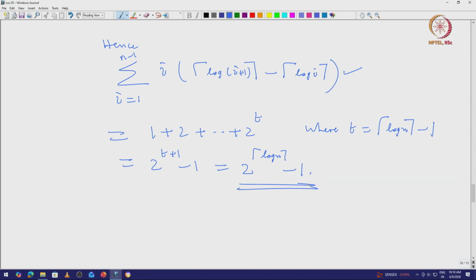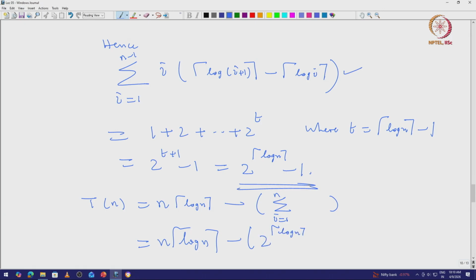Now, putting all of them together, T of n is equal to n times ceil log n minus the sum, sigma i equal to 1 to n, of that sum we have seen already, which is equal to n times ceil log n minus (2 power ceil log n minus 1).